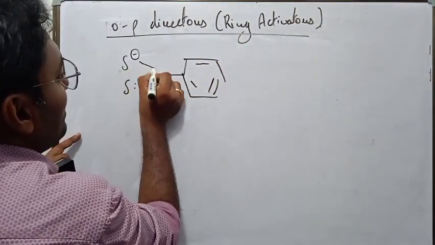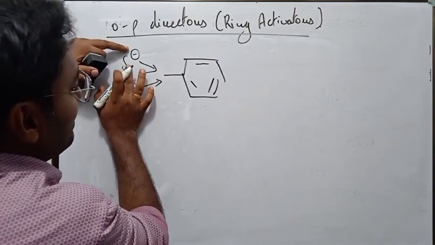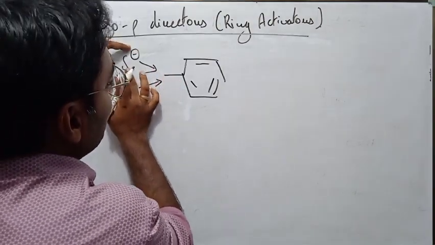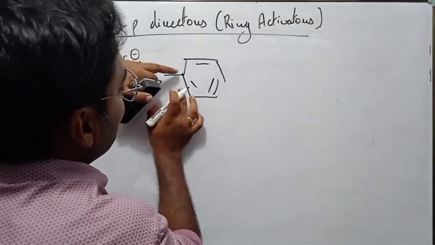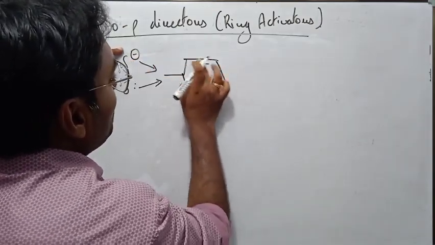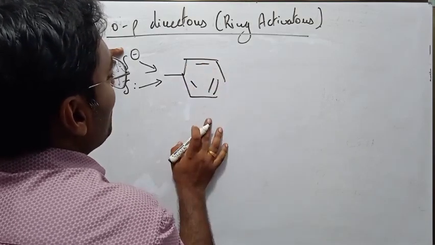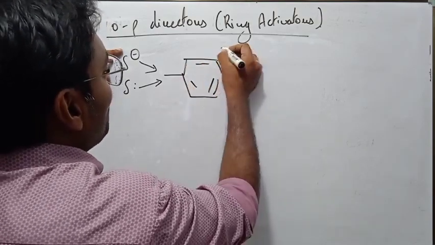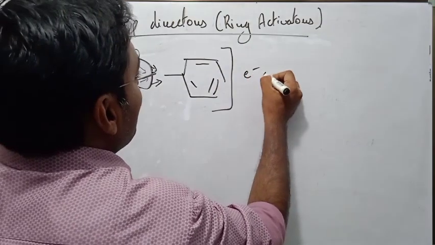If there is negative charge, it would donate this negative charge, and this electron will interact with the 6 pi electrons of benzene ring. So electron density will increase in benzene ring.